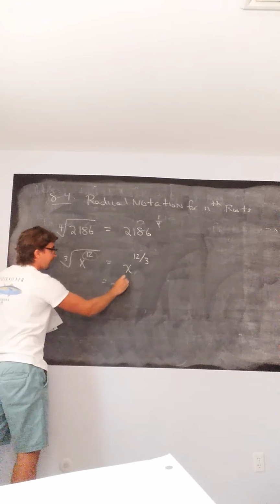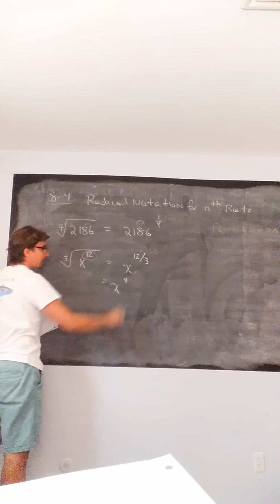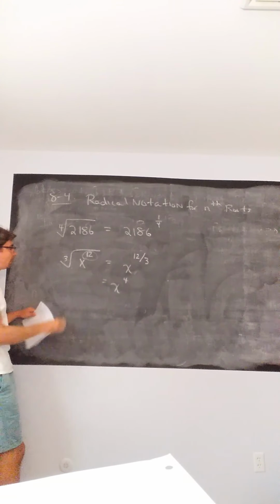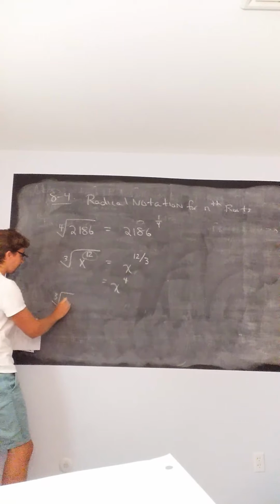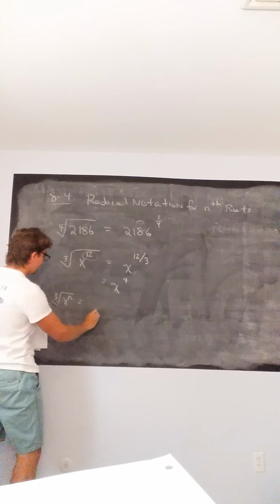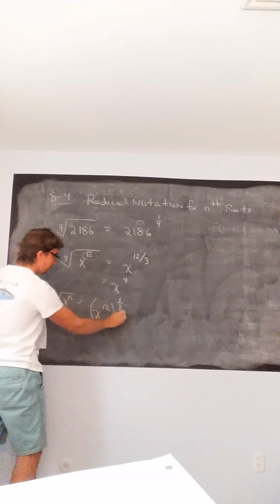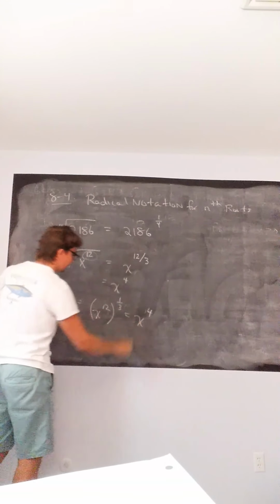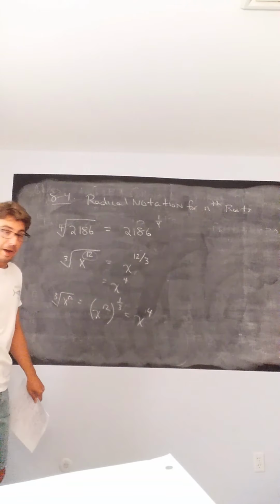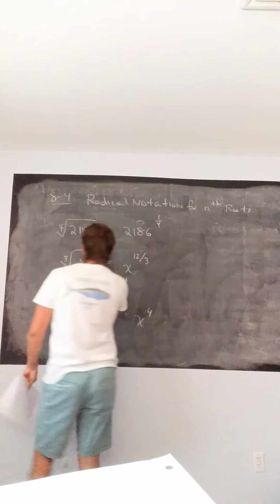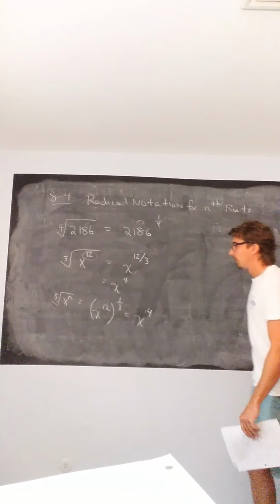And that simplifies to x to the 4th, because 12 divided by 3 is 4. Another way you could write it, if you're starting over with this, is x to the 12th raised to the 1/3, which would still give you the same result of x to the 4th power, but I think it's a little more work. So I think it's a little bit easier to do it this way.